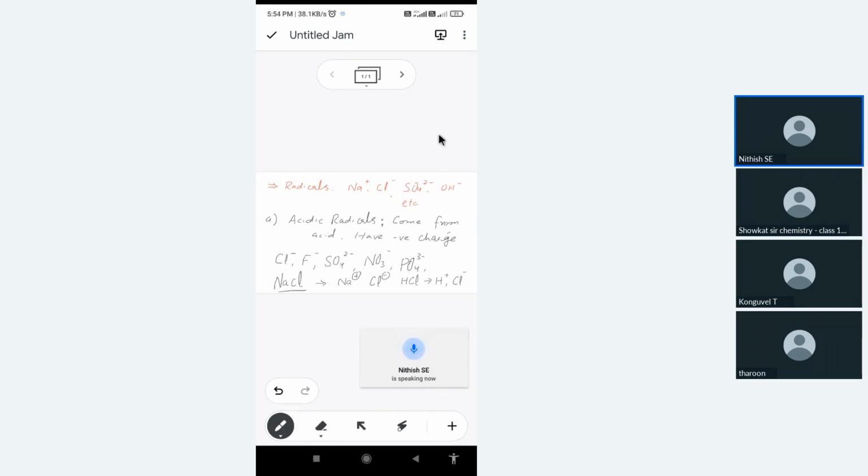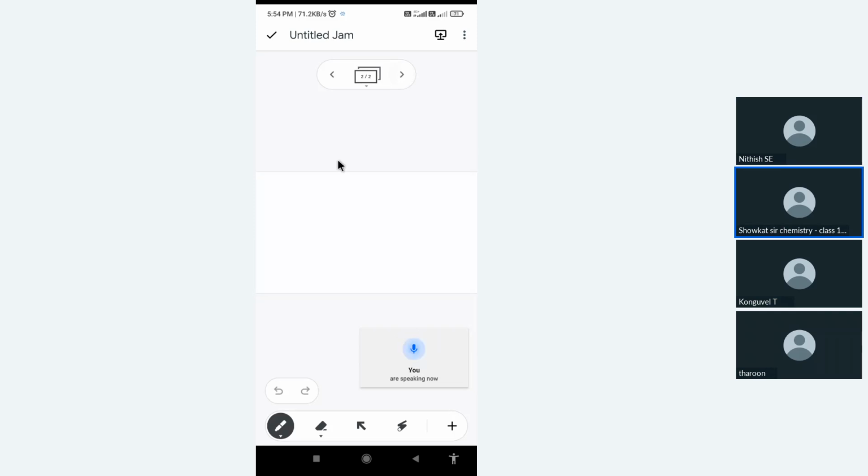Sir, what about non-metal plus non-metal? Those are not radicals. Any formula with non-metal and non-metal is not possible. For example, ammonia is not a radical at all, because it is not charged, it's a covalent molecule.